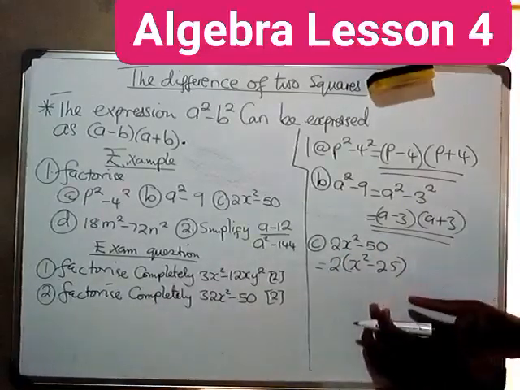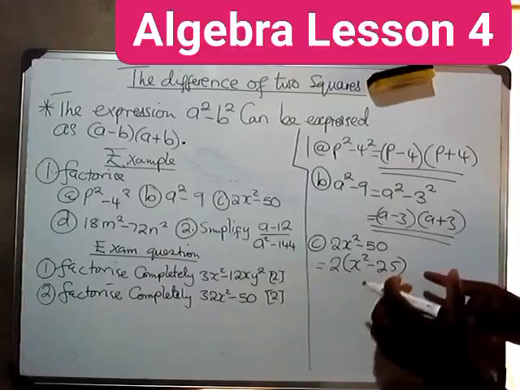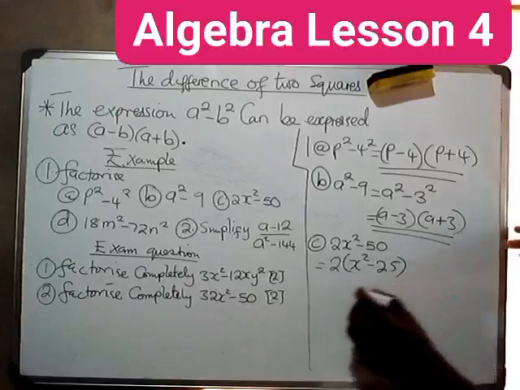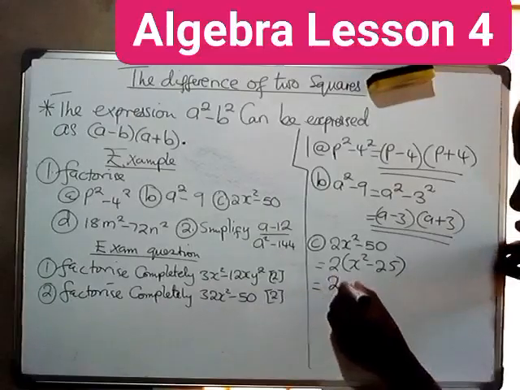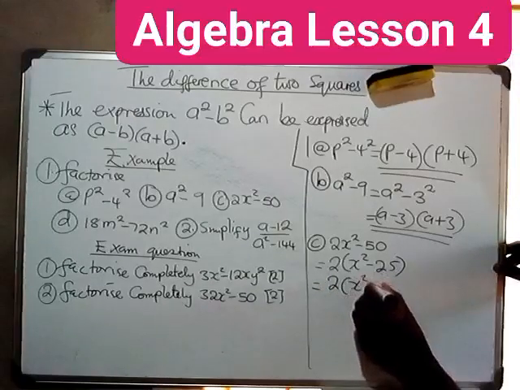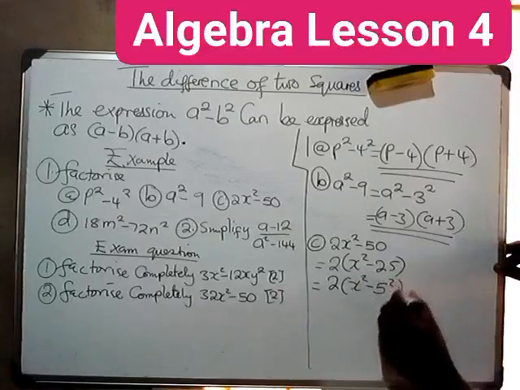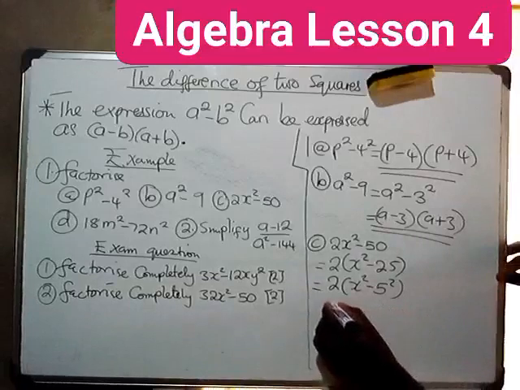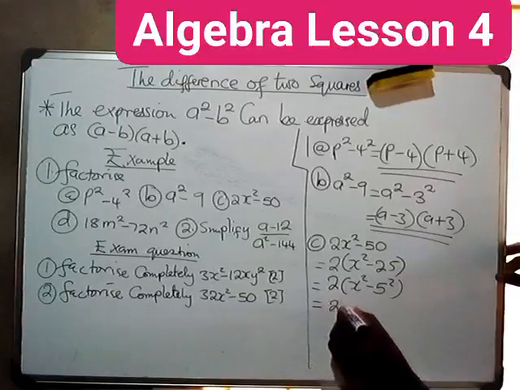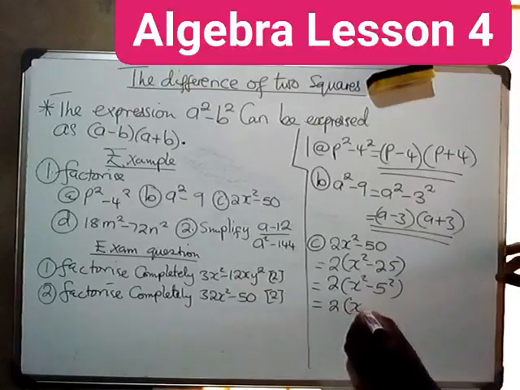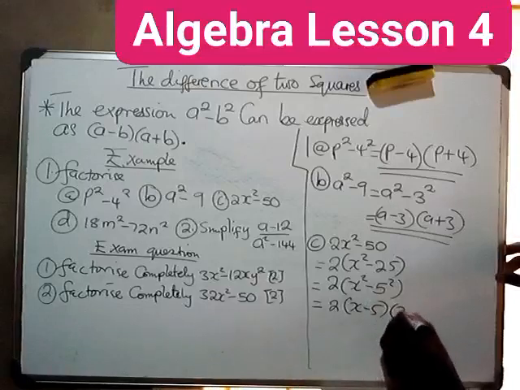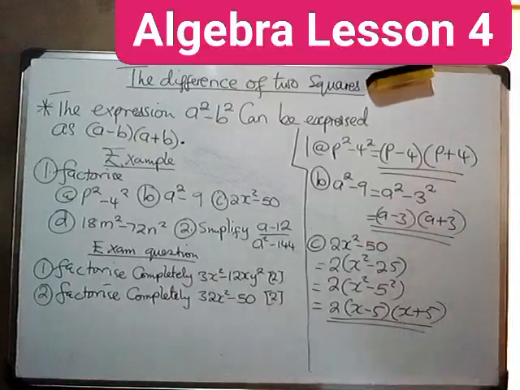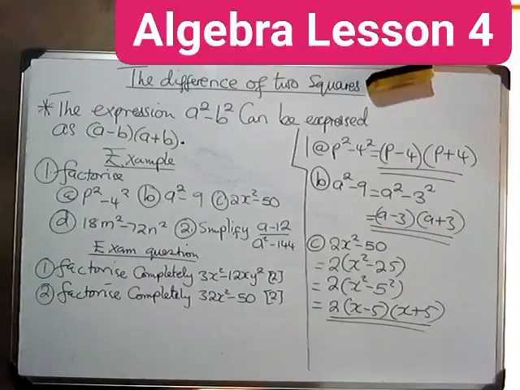Now, 25 is a perfect square because the square root of 25 is 5. So this can be written as 2 open bracket x squared minus 5 squared. Now we have the difference of two squares. So our final answer will be 2 times x minus 5 and x plus 5. This is the end of question c.